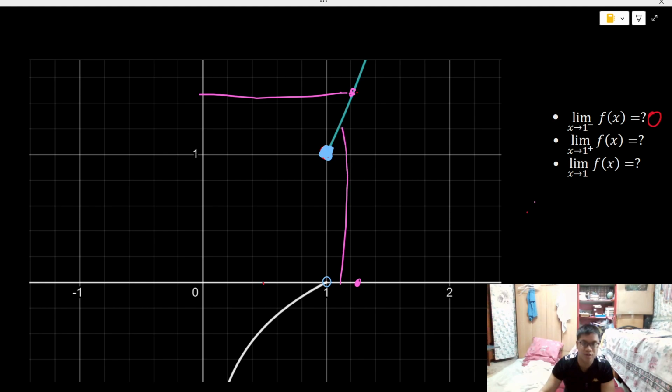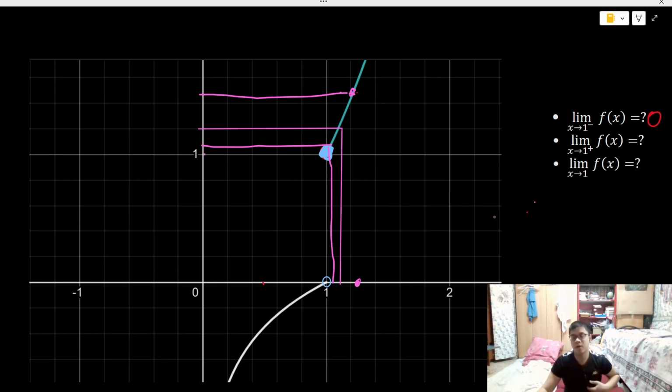If we let x values get closer to 1, there we go, straight line. It gets closer to 1. If we get closer to 1 even more, it gets closer to 1. So that means as our x values approach 1 from the right, the answer is 1.